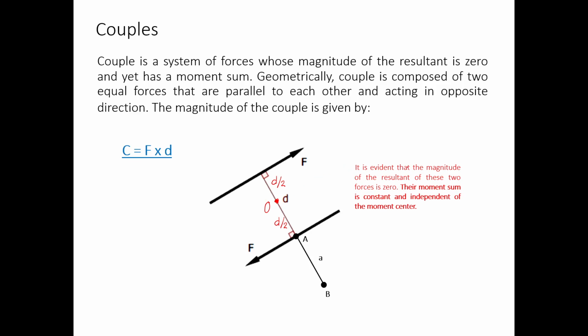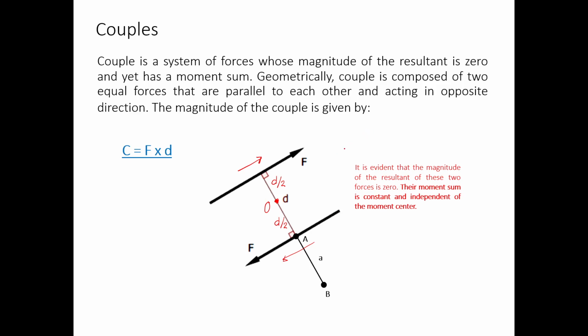Okay, so if you read the red part here, it is evident that the magnitude of the resultant of these two forces is 0. So why 0? Again, one is going in this direction, and the other is going in the opposite direction, which cancels out the forces, diba?